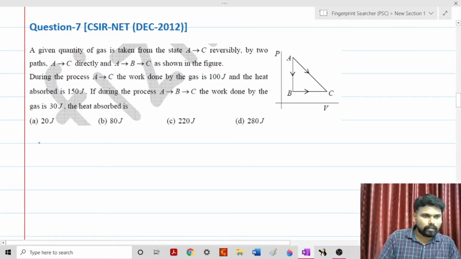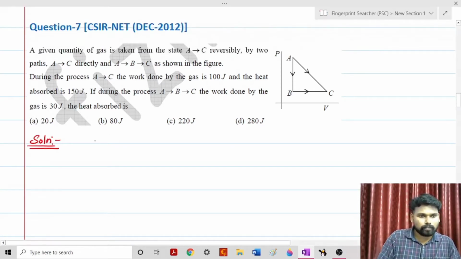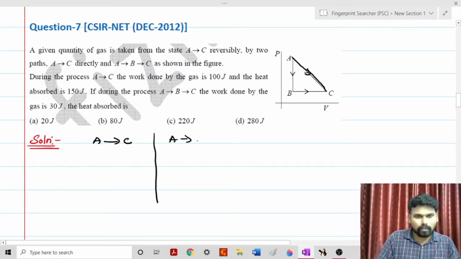So here the gas is taken in two paths, A to C directly, that means this path, and the other one is A to C through B, this path.